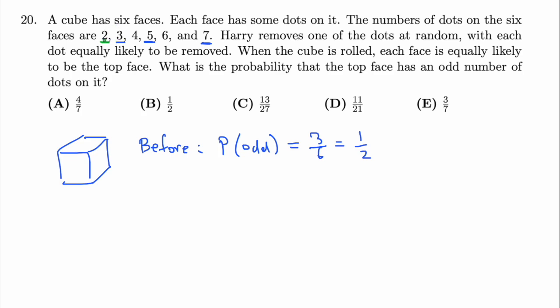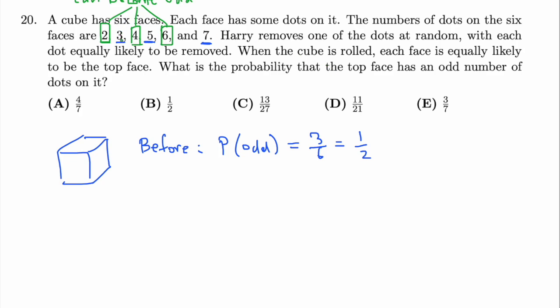So the 2, the 4, and the 6 have the possibility of becoming odd. Whereas the 3, 5, and 7, if you removed a dot, it wouldn't become odd. In fact, it would increase the probability that you would roll an even.